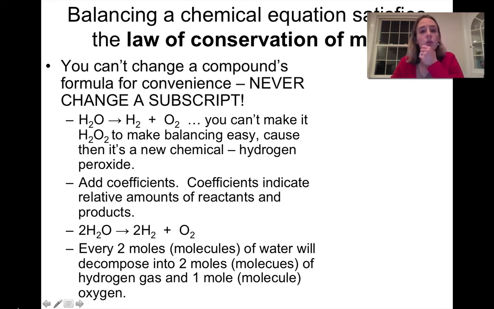But that just doesn't work because we end up with a completely new chemical, hydrogen peroxide, which is not water. Don't try to drink it. What we want to do is add coefficients to indicate the relative amounts of all of those reactants and products. So that's how we arrived at that ratio on the previous slide.